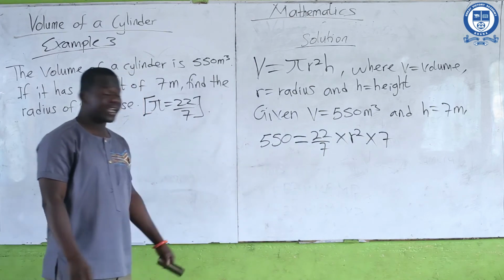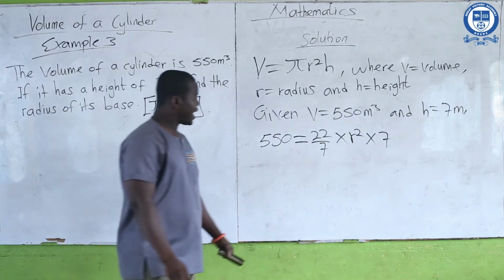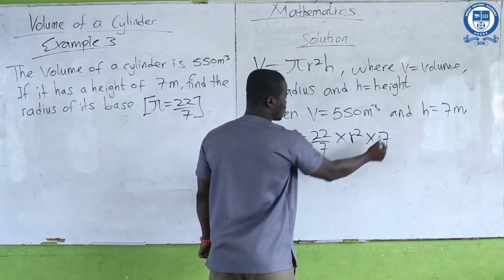So we simplify algebraically, and in simplifying, 7 divides 7, so they cancel out.